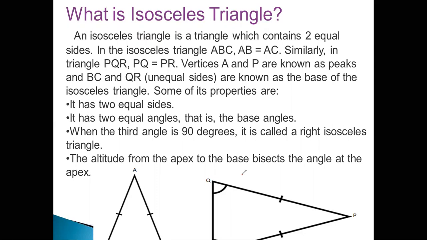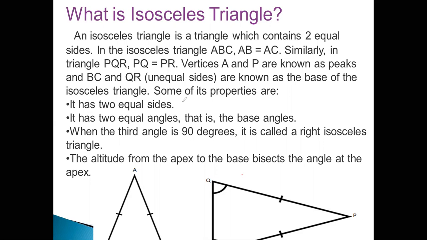Another way to say it: if in a triangle two sides are equal, then you can say this is an isosceles triangle. So here the definition is an isosceles triangle is a triangle which contains two equal sides.